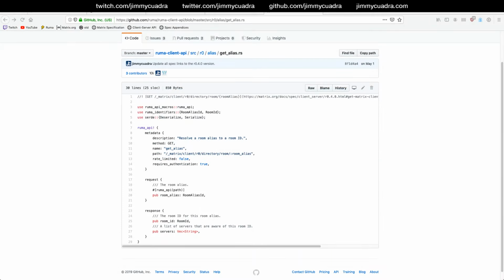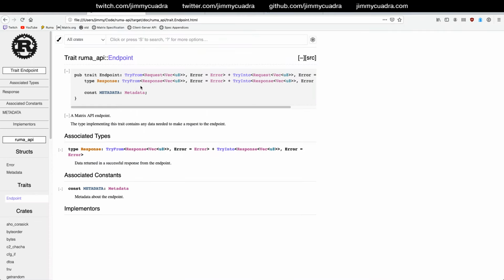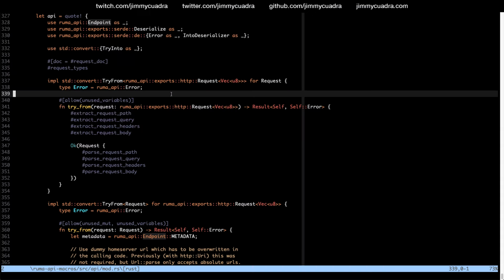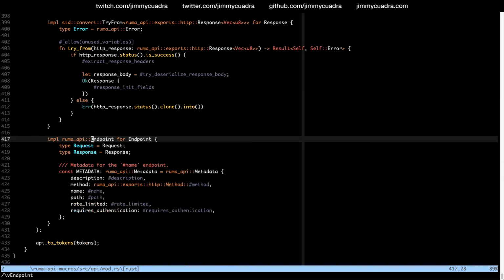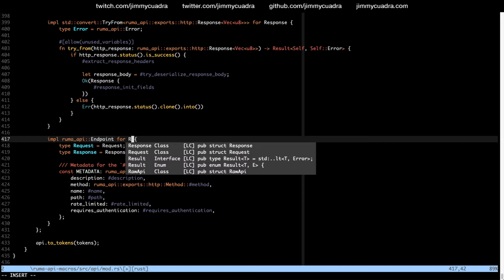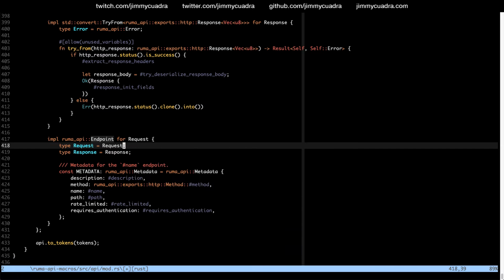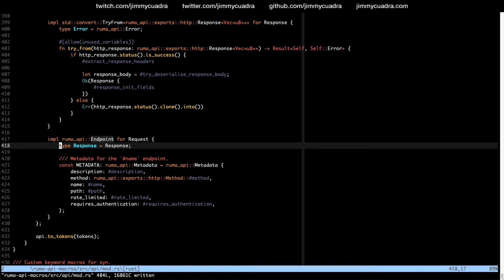What endpoint actually requires, if we look at the docs, is just that const metadata. So where's the implementation of endpoint? Aha. So there's no longer a type called endpoint. What we're actually doing here is we're implementing this for request, and there's no longer an associated type called request. So that actually may be all we need.